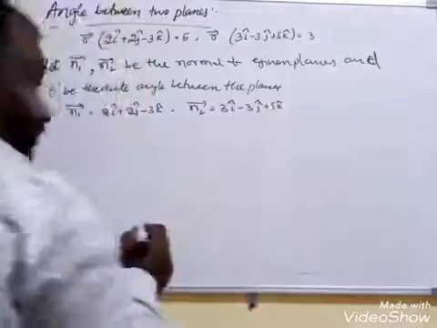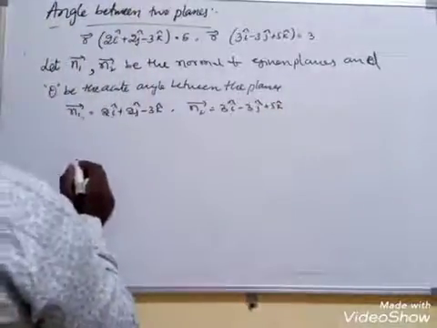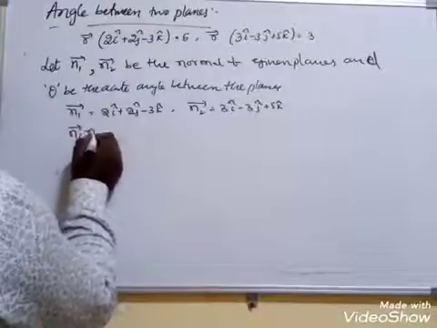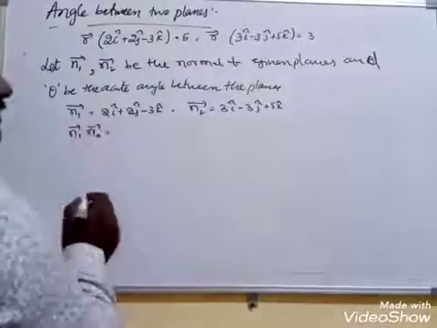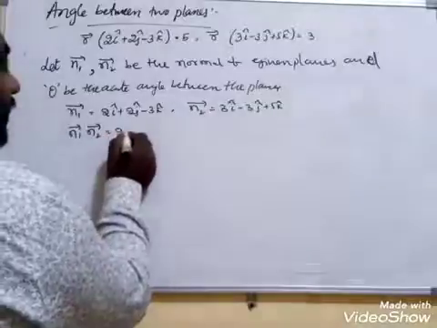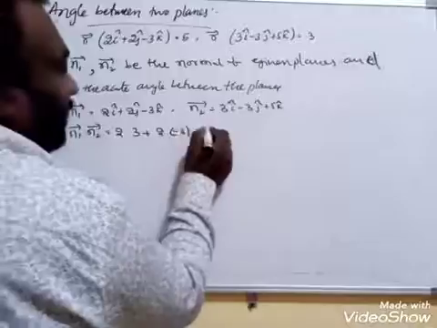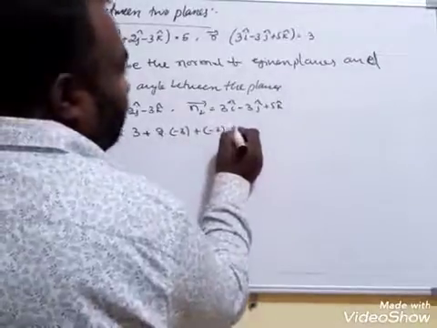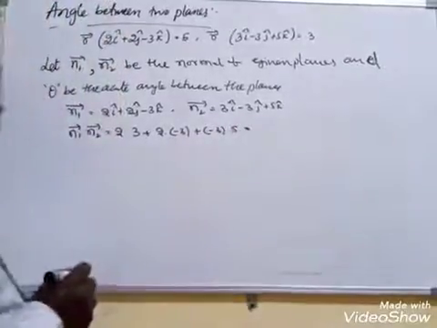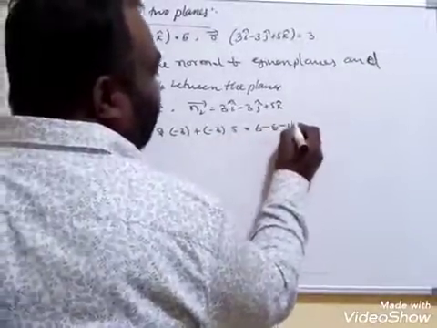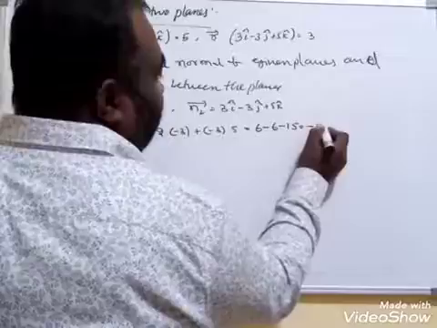Okay, now n1 bar dot n2 bar, you directly find it: 2 into 3 plus 2 into minus 3 plus minus 3 into 5. Then 2 threes are 6, minus 6, minus 15, is equal to minus 15.